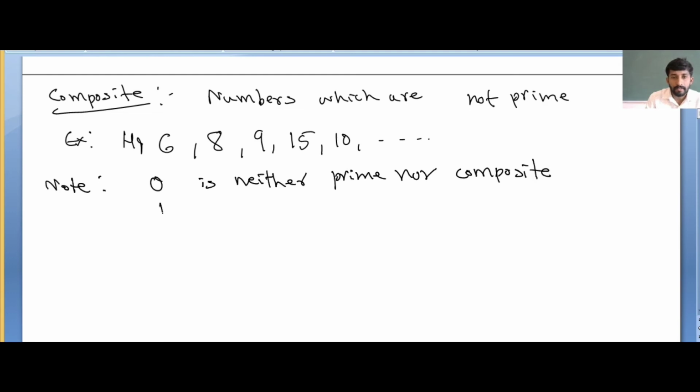Second observation, 1 is neither prime nor composite number. Okay, clear? So by this you can say that 0 and 1 are neither prime numbers nor composite numbers.